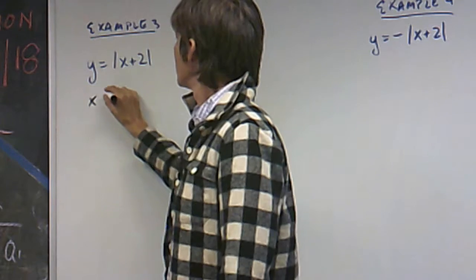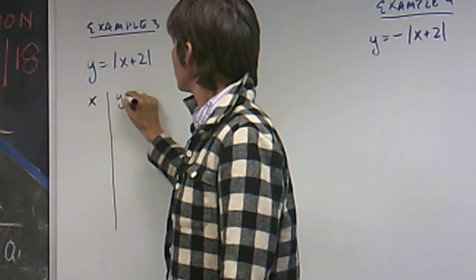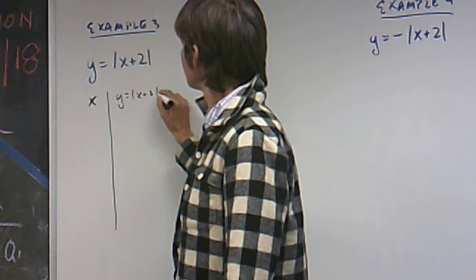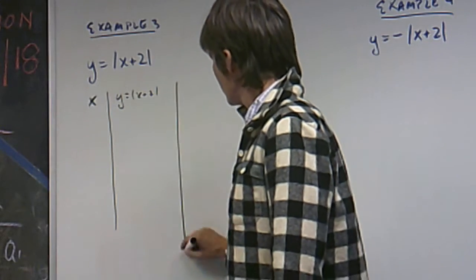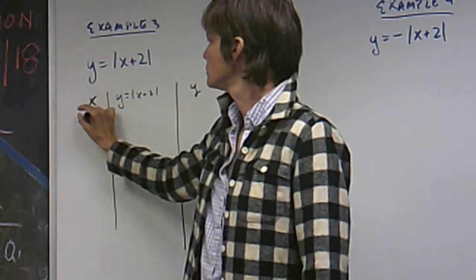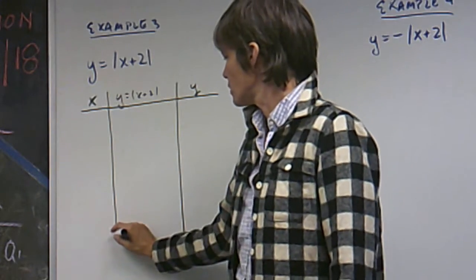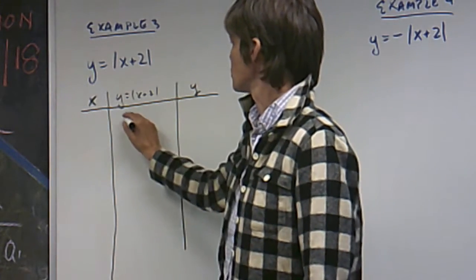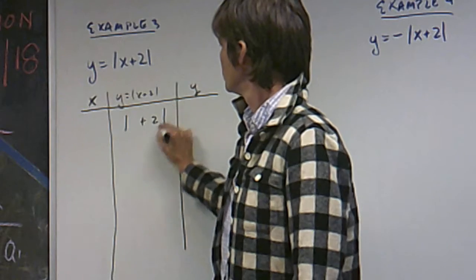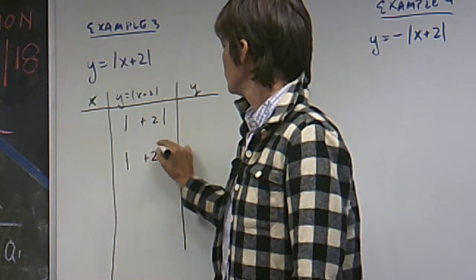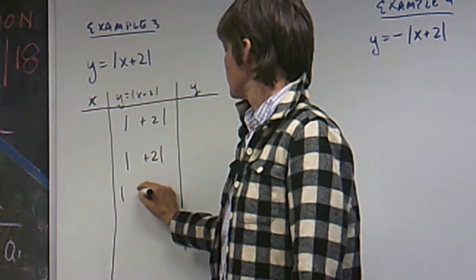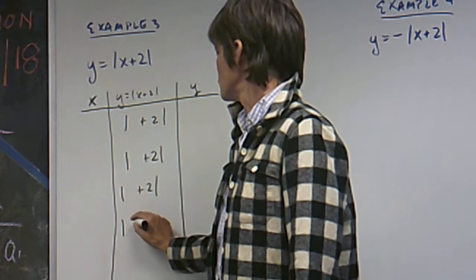X, Y equals absolute value of x plus 2, and Y. Let's see this, I hope so. So I'm going to just pick whatever I want. Again, here I'm going to show +2, +2, +2, +2.